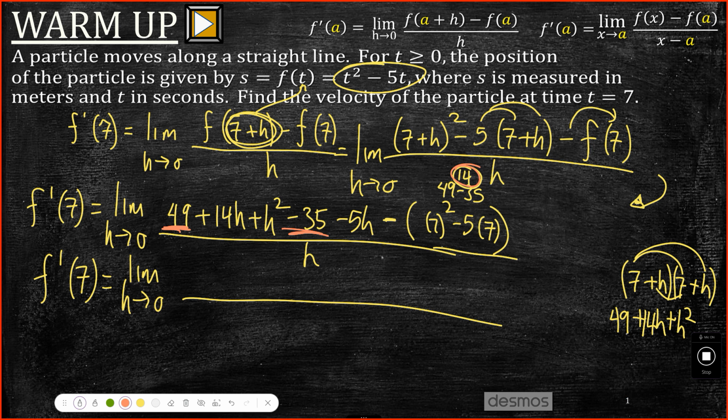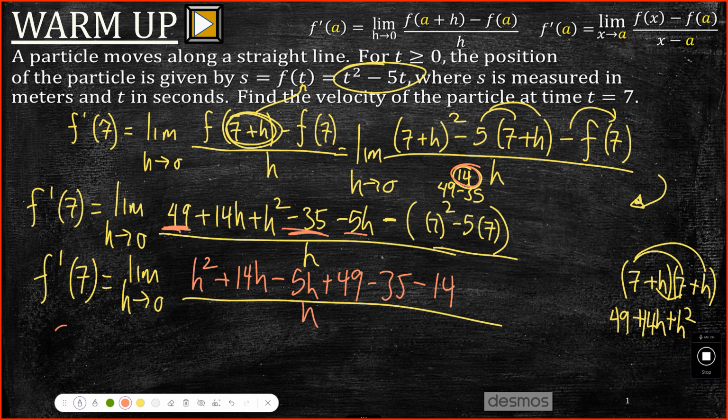Let's put the h squared first, then the plus 14h, then the minus 5h, and then I'm going to write down the constants: 49 minus 35, and then minus the 14, over h.